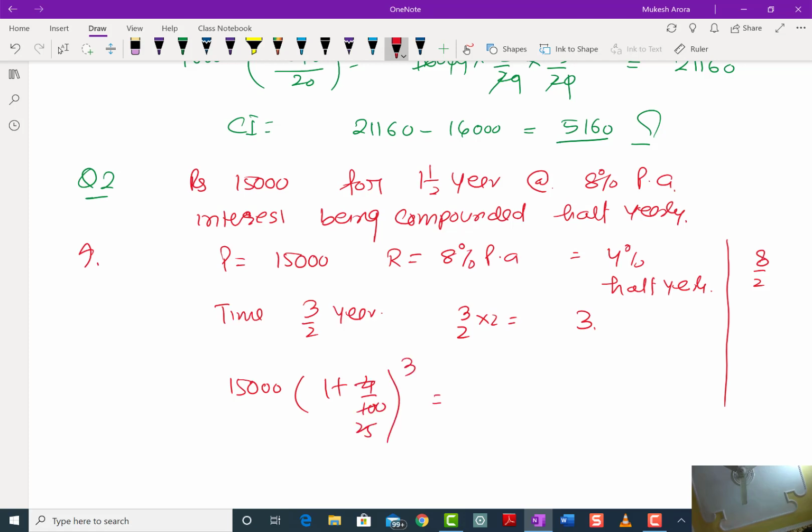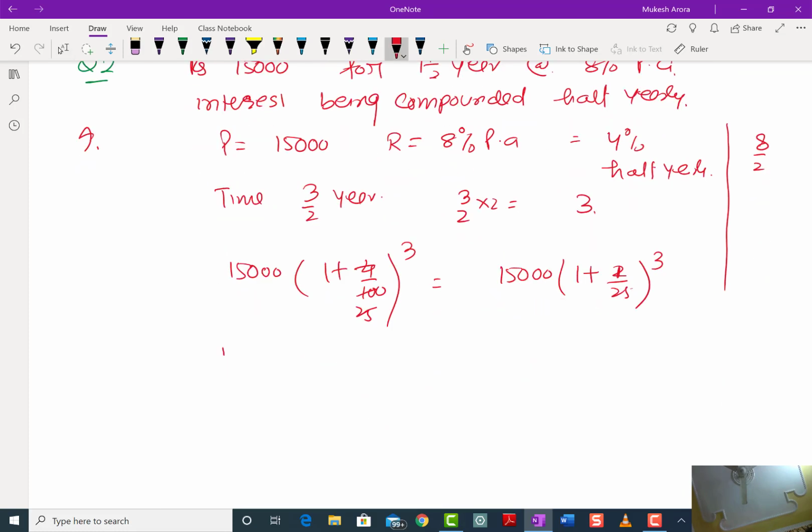4 by 100 is 1 by 25. So 15,000 into (1 plus 1 by 25) raised to the power 3. The LCM is 25, so 25 plus 1: 15,000 into 26 by 25 into 26 by 25 into 26 by 25.